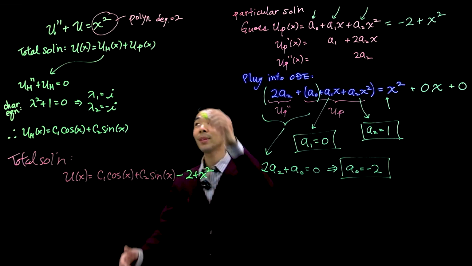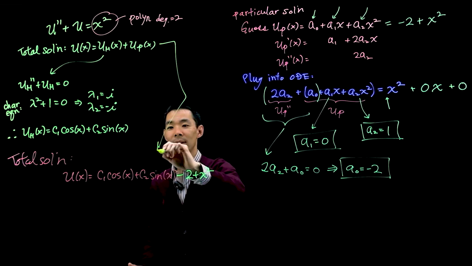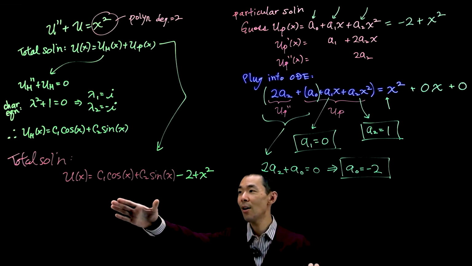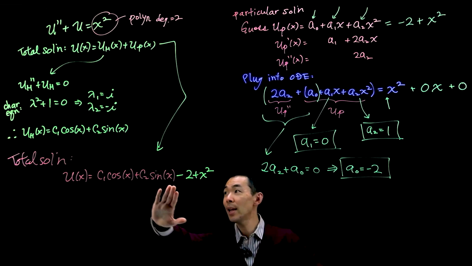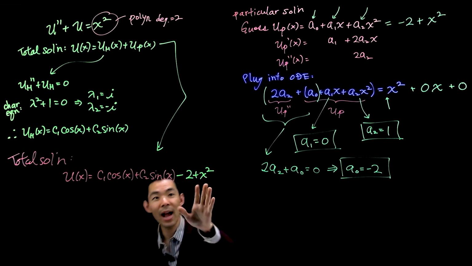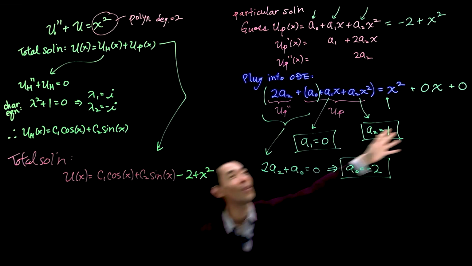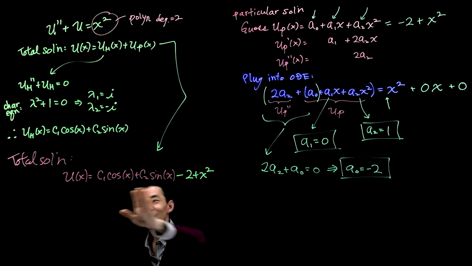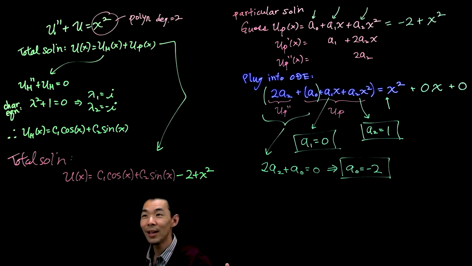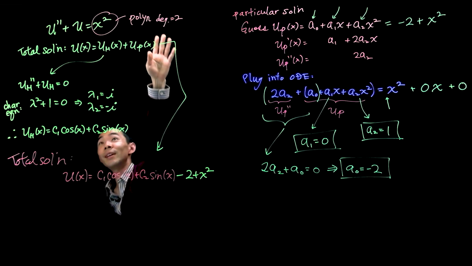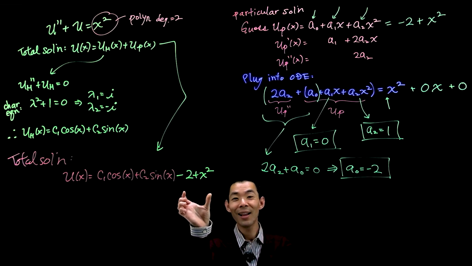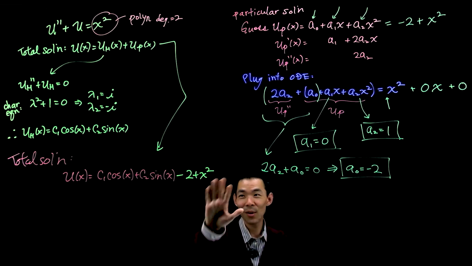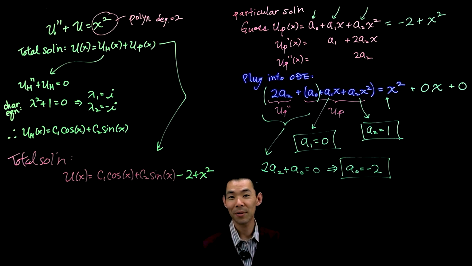All I've done here is to take our total solution, wrote down the homogeneous solution C1 cosine x plus C2 sine x, which you found earlier, added to that the solution from the upper right-hand side over here, boom, right here to the total solution. Therefore, this is the total solution of this differential equation, including the non-homogeneous term g of x, which is totally covered by this particular solution.